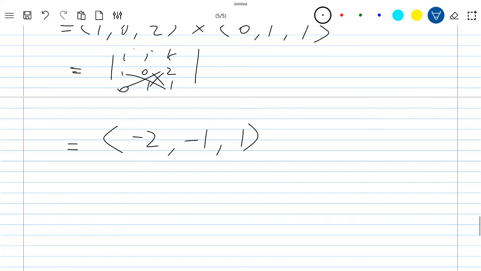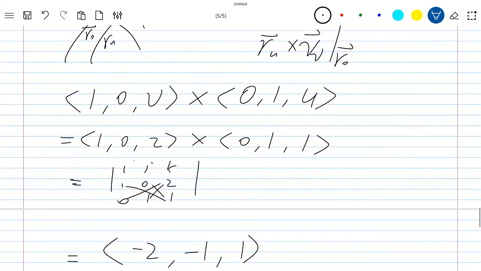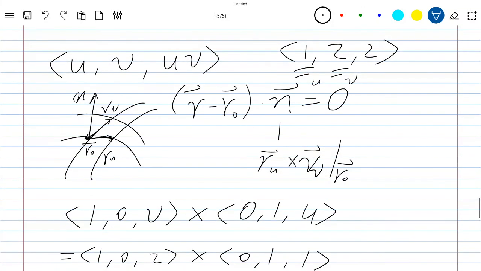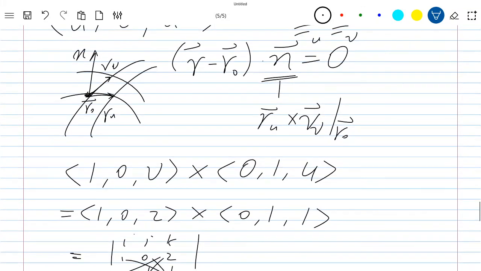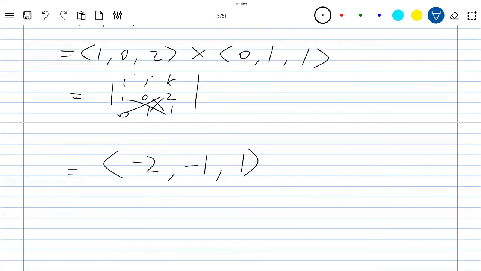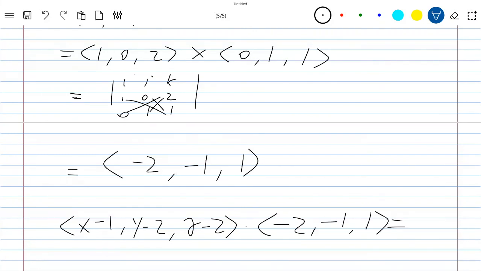Well, that is the n times the area, but we don't need to worry about the area itself because we only care about the direction. So r0 equals (1, 2, 2). The formula would be (x minus 1, y minus 2, z minus 2) dot (negative 2, negative 1, 1) equals 0.